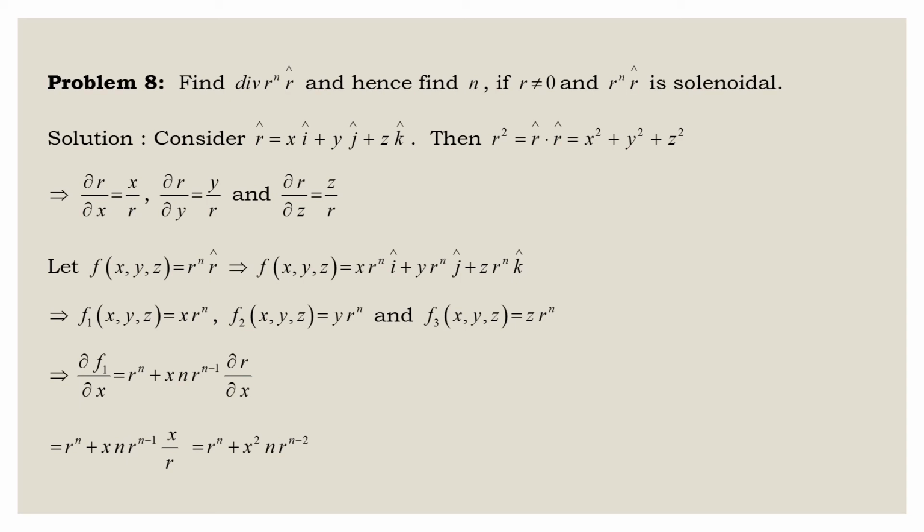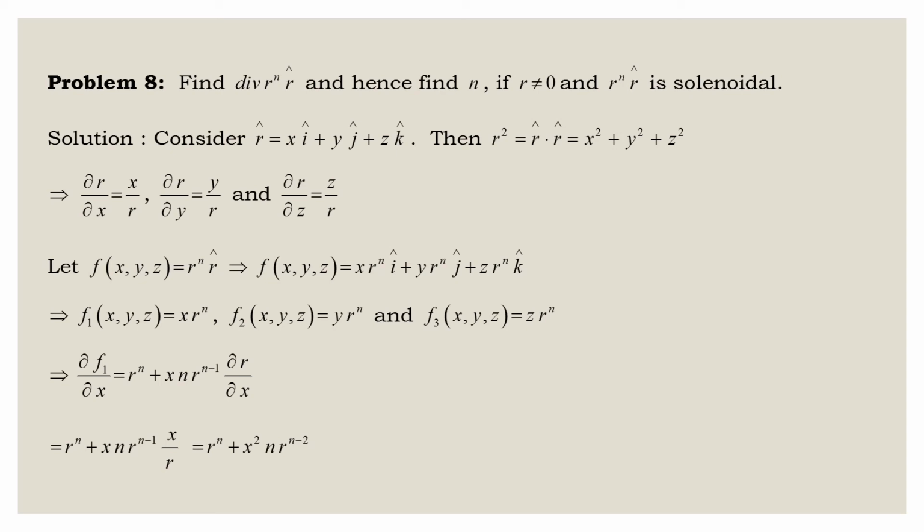For this function, the component functions are given by f1 of x, y, z equals r^n x, f2 of x, y, z equals r^n y. Similarly, f3 of x, y, z equals r^n z.